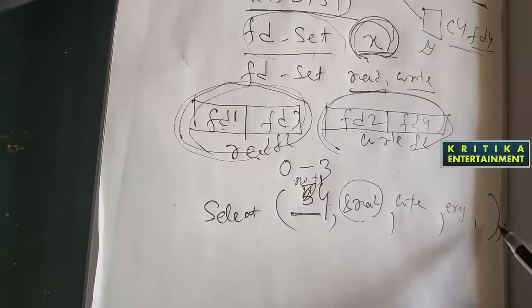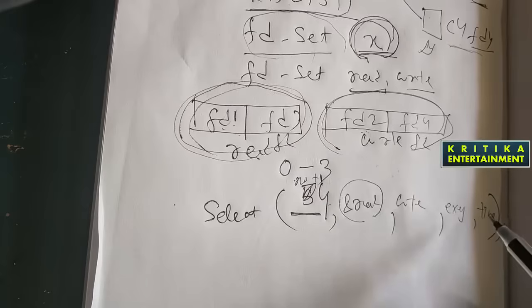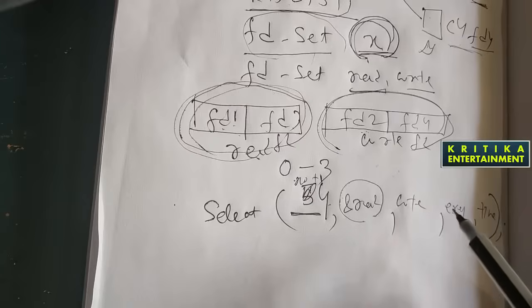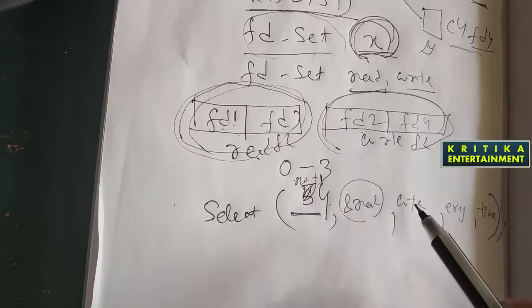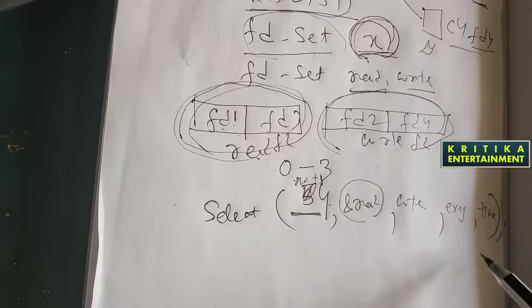And here we pass the time, that is, after how much duration the select function will check the FDs for data to read. These are the arguments you pass.